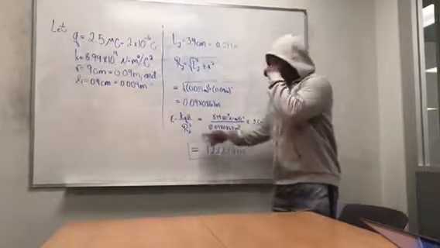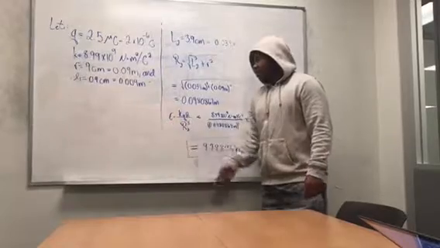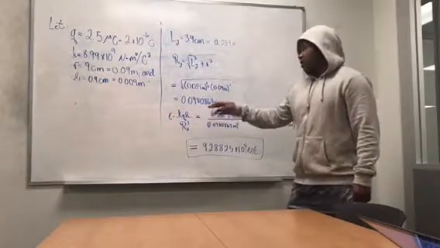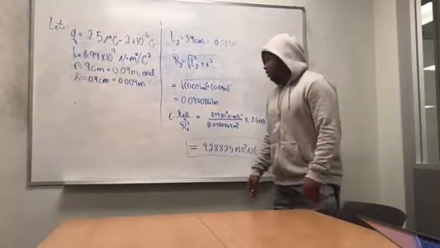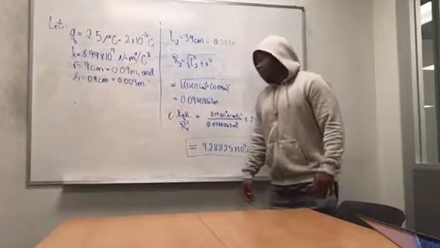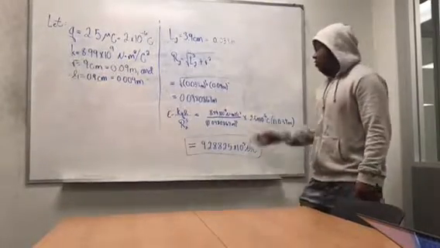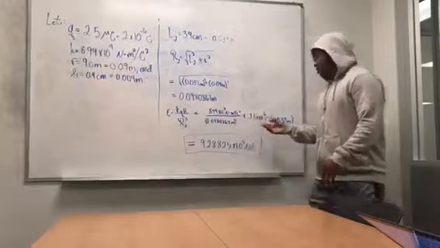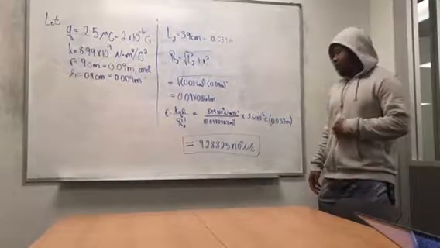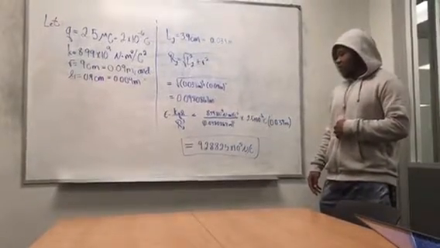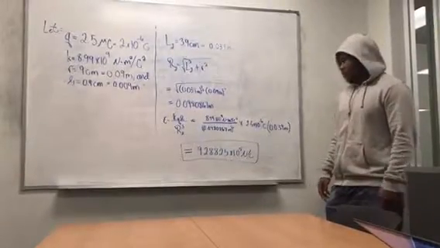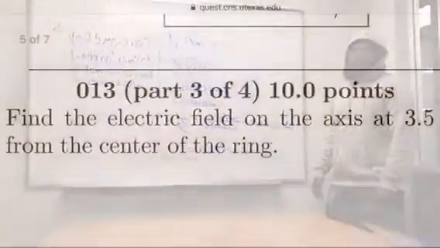Then we find the electric field, which equals K times Q times L2 over R2 cubed. We plug in our givens and we get 9.28825 times 10 to the 5th newtons per coulomb.